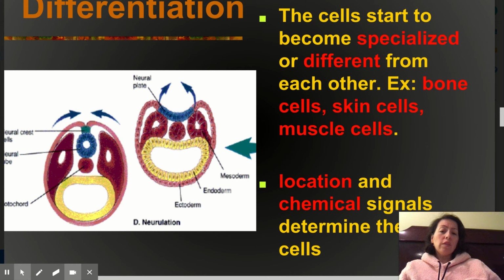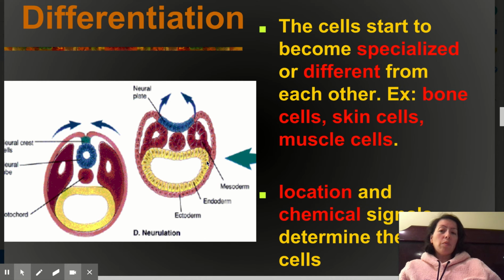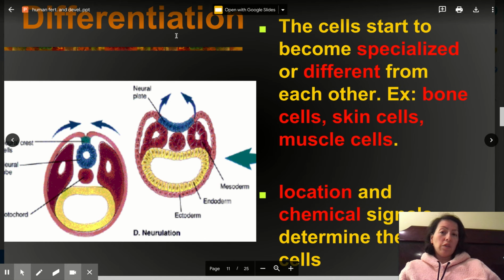Now, each of these cells, before this, they were pretty much identical, but now as they start to move to different places, and they start getting different messages from hormones and other chemical signals, they will now start to become different cells. And this is a process called differentiation. And differentiation, although it is a long word, is a pretty easy word to understand because the word different is in the term.